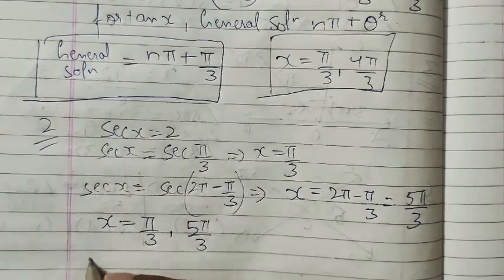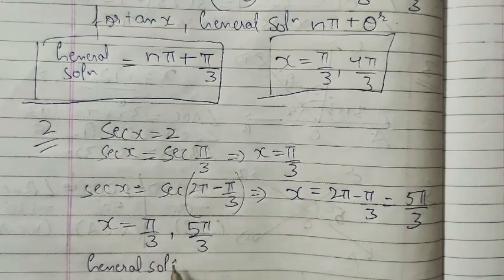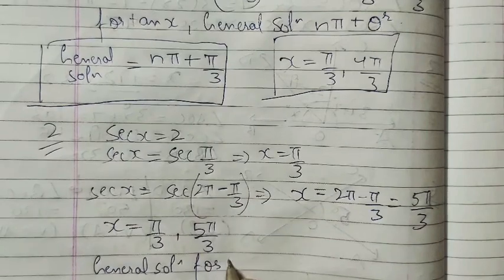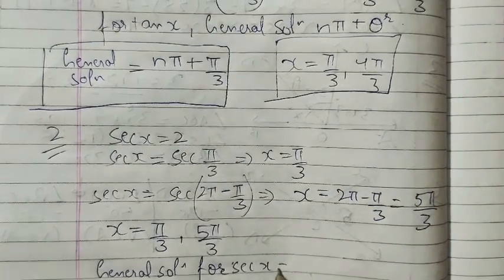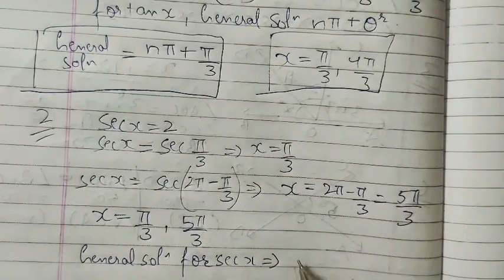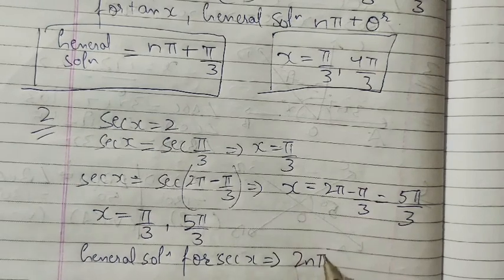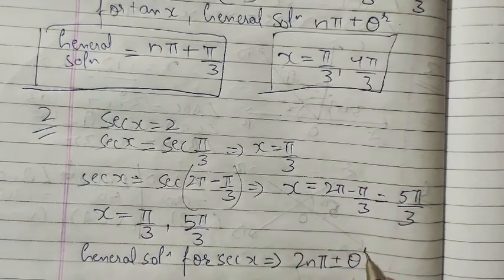Now general solution for sec x. General solution for sec x is always 2n pi plus minus theta in radian, right?